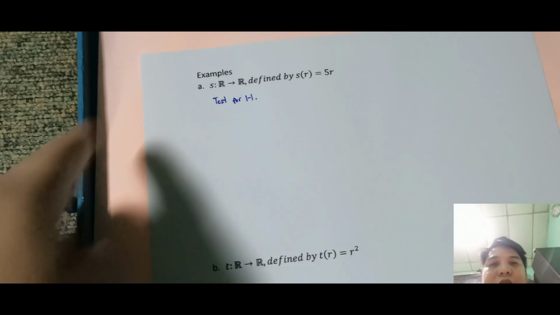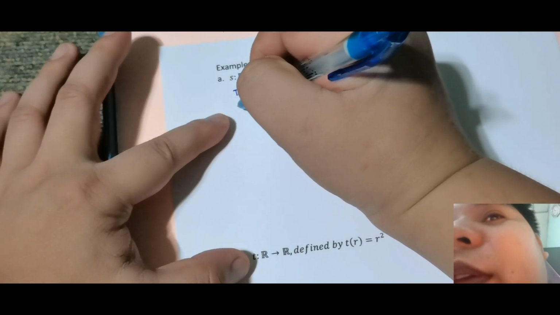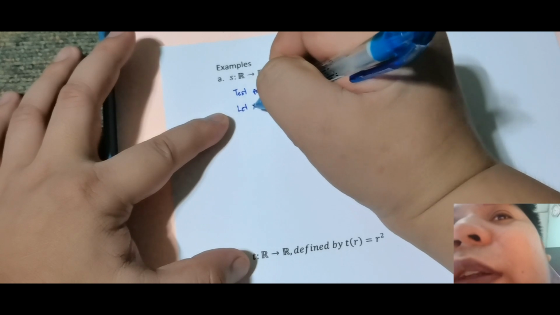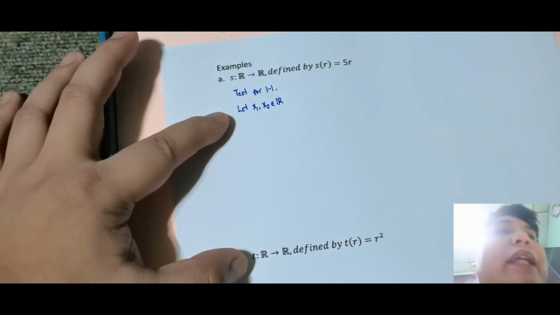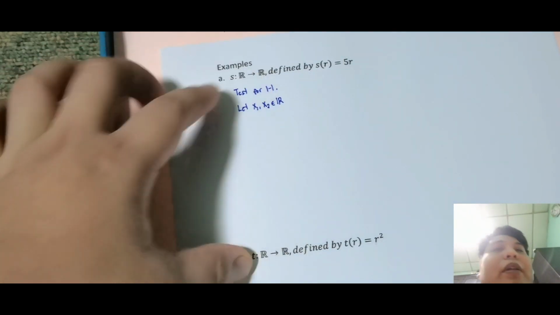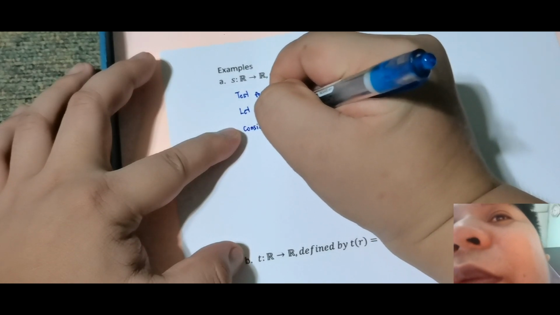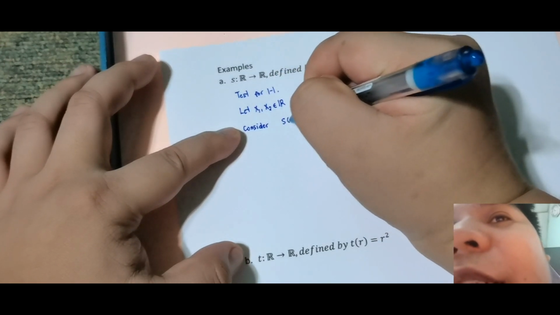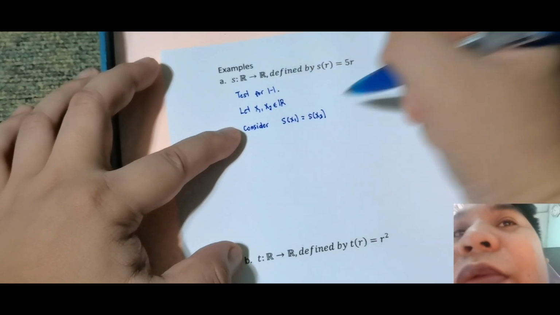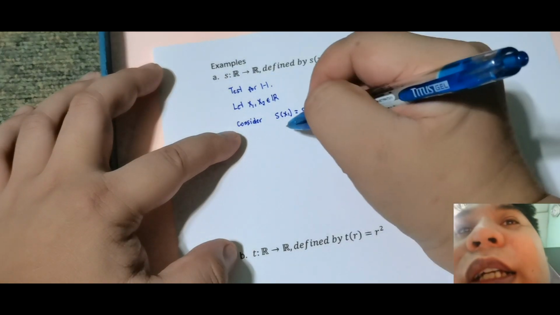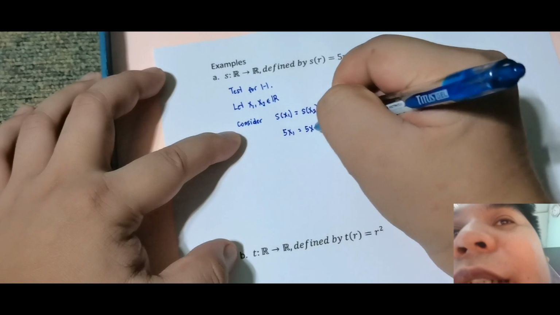Okay, so tulad nito. Lagay natin, test for one-to-one. So, ano yung test for one-to-one? Let x sub 1 and x sub 2 be elements of the real numbers. Bakit real number? Kasi ito yung set A, ito yung set B. So, consider S of x sub 1 equal to S of x sub 2. And that is equivalent to 5x sub 1 is equal to 5x sub 2.